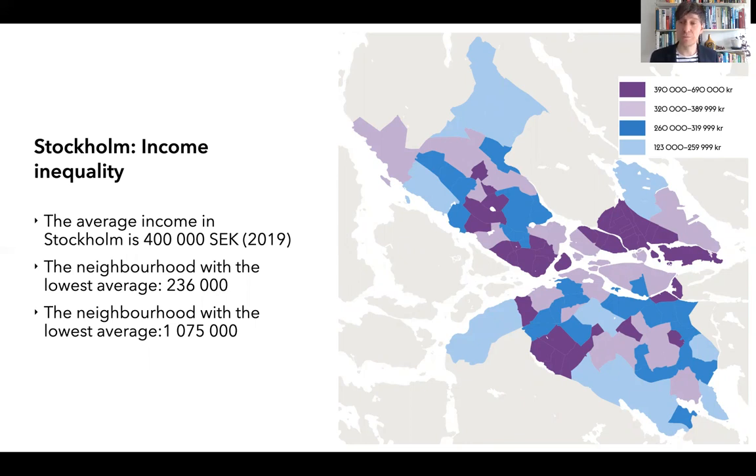And in the richest neighborhood, the average was more than 1 million. So it means that the difference is more than 4 times just looking at the average. And then, of course, there are some people that are even richer than that and some people that are poorer than that. But thanks to this mapping, you can also see how these differences are. Sometimes there's a very, very long distance between the richer and the poorer neighborhoods. And sometimes it's actually just a few hundred meters away.